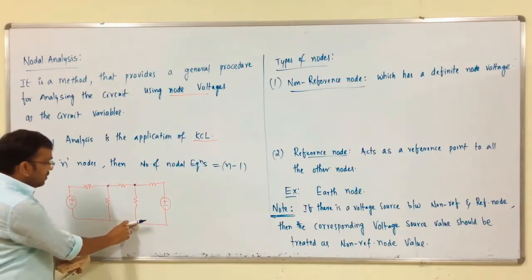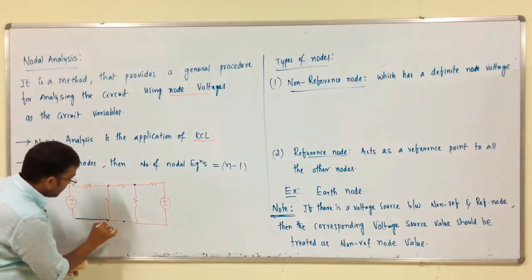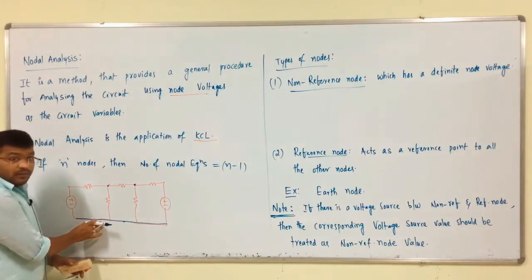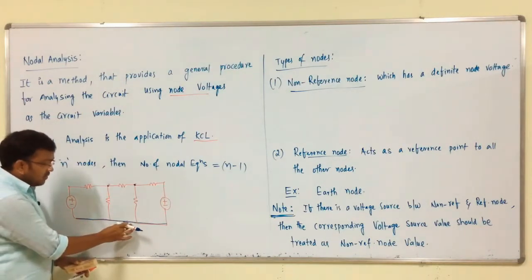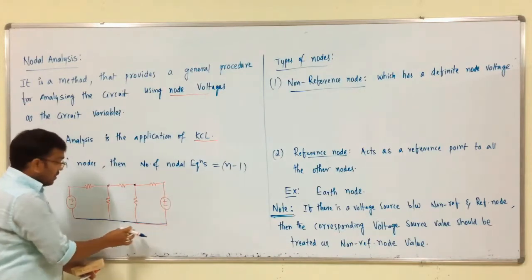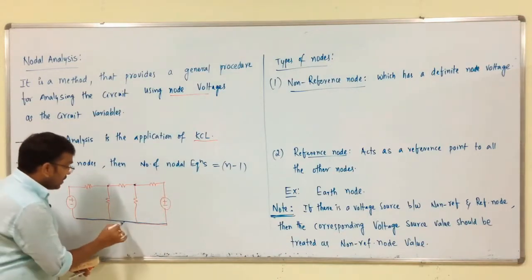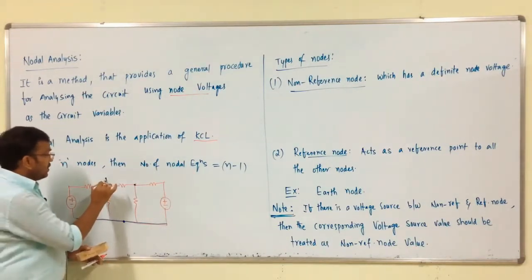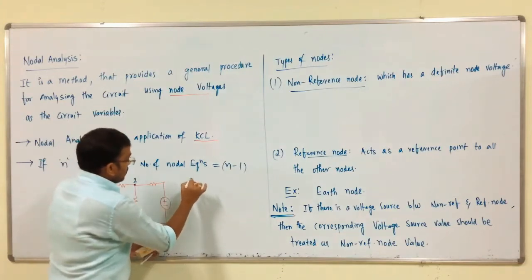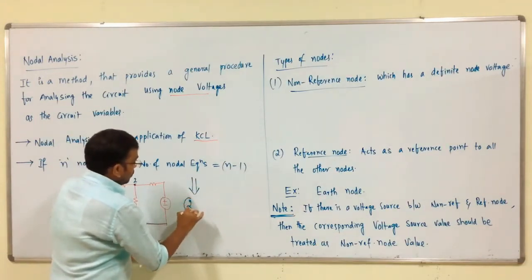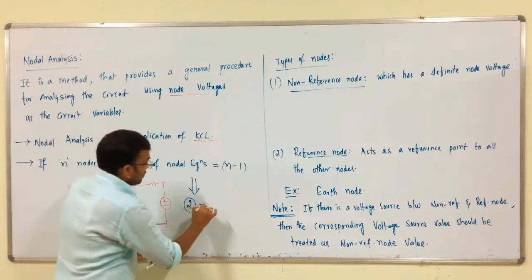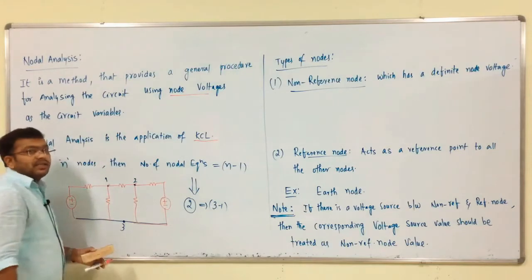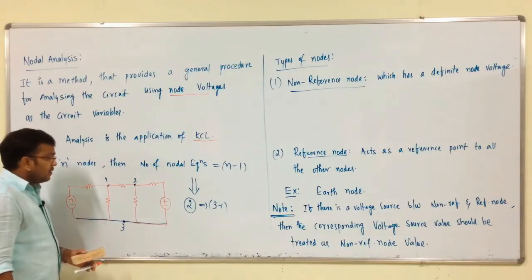This one should be taken as the reference, because there is no resistance branch in it. So, the number of nodal equations should be n minus 1, that is 3 minus 1.